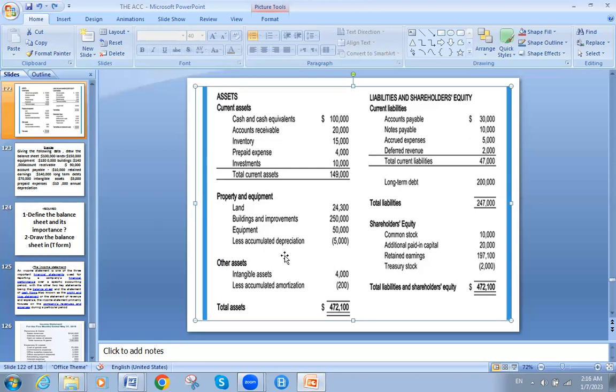So there is depreciation, and we will calculate it using many ways in the next lectures. On the other side, in the shareholders' equity or the capital, we have common stocks, additional paid-in capital, retained earnings, and treasury stocks. Those we call shareholders' equity.